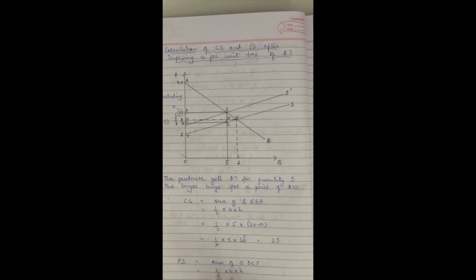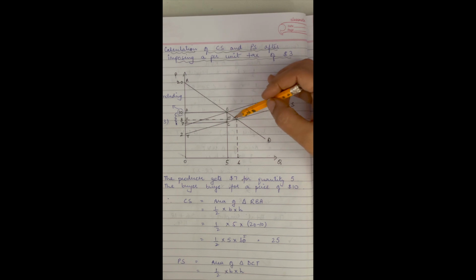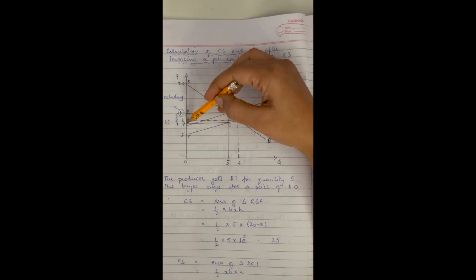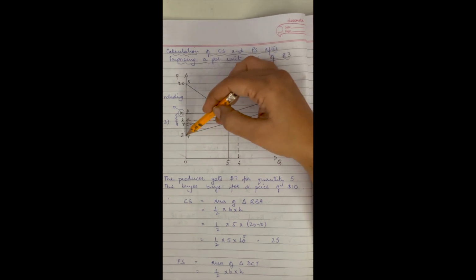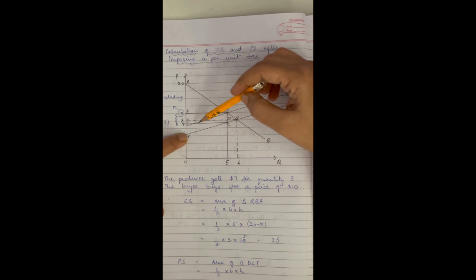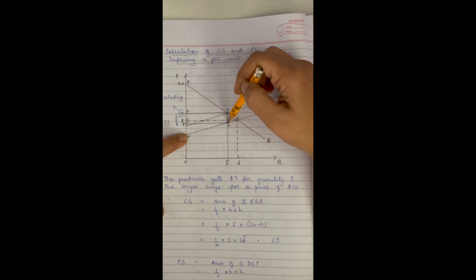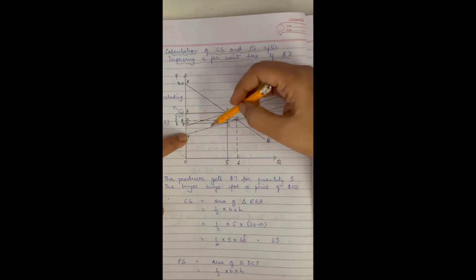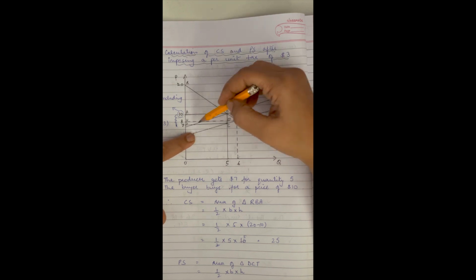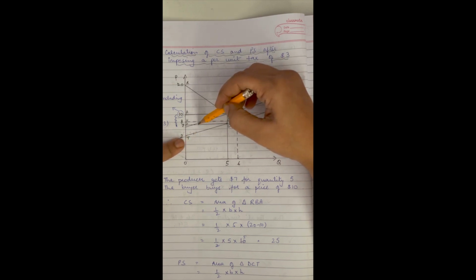Okay. Now similarly, we find the producer surplus. In this case, the producer surplus is given by the area of DCT. Now remember, producer surplus is the difference between the price at which he or she is willing to sell and the price at which he or she actually sells.